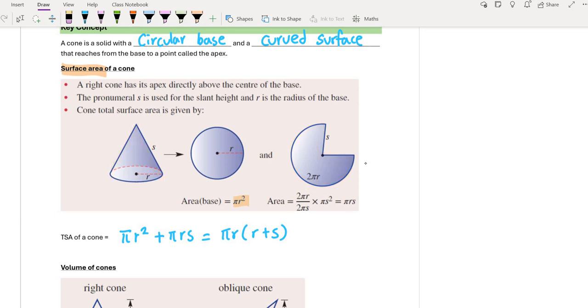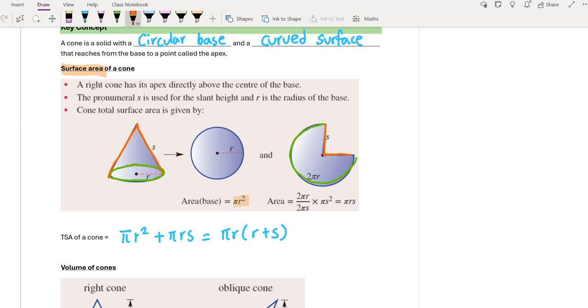And this side bit, the radius of this sector, is made up of the slant of this cone, and we have all of this bit here that will wrap nicely around the cone, and the two slants go sort of here.